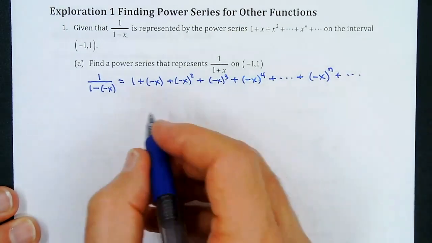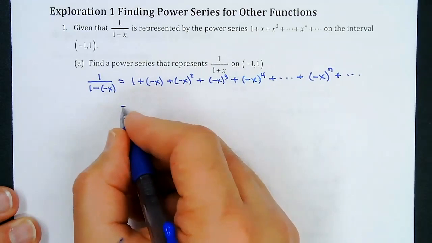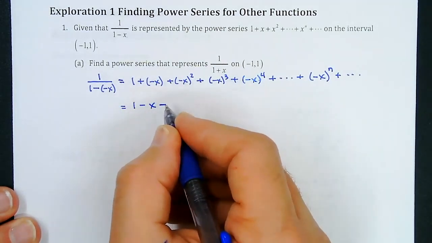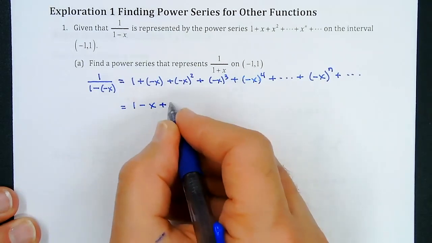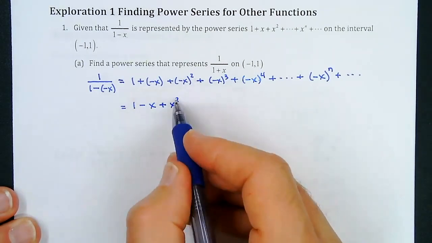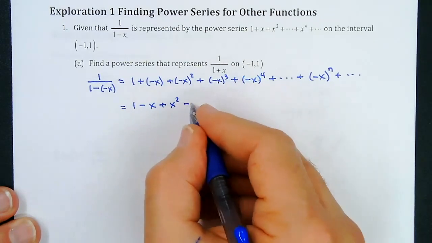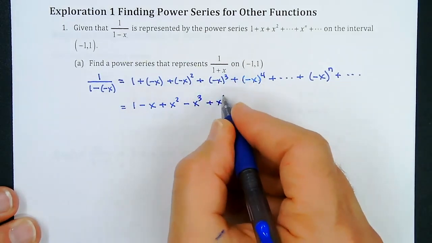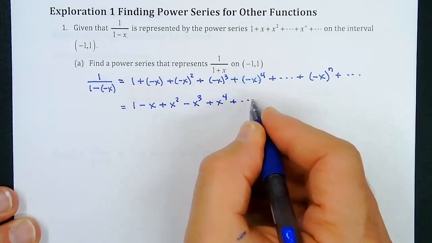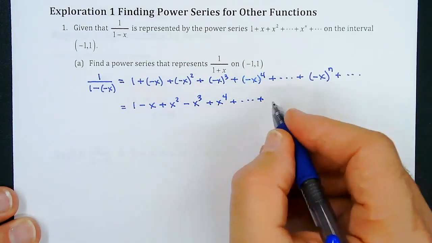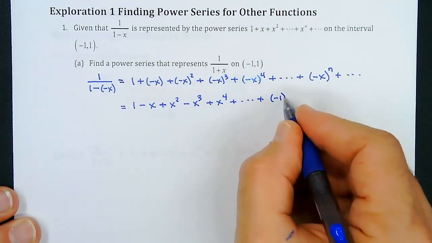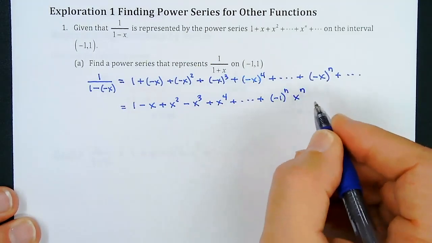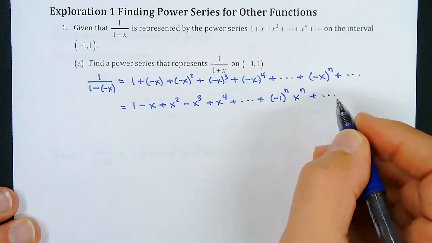Cleaning this up a little bit, what we have here is 1 minus x plus x squared, because this one would be positive x squared. This is going to be minus x cubed, and this would be plus x to the 4th, and then plus dot, dot, dot, plus we could rewrite this one as -1 to the nth power, x to the nth power, plus dot, dot, dot.